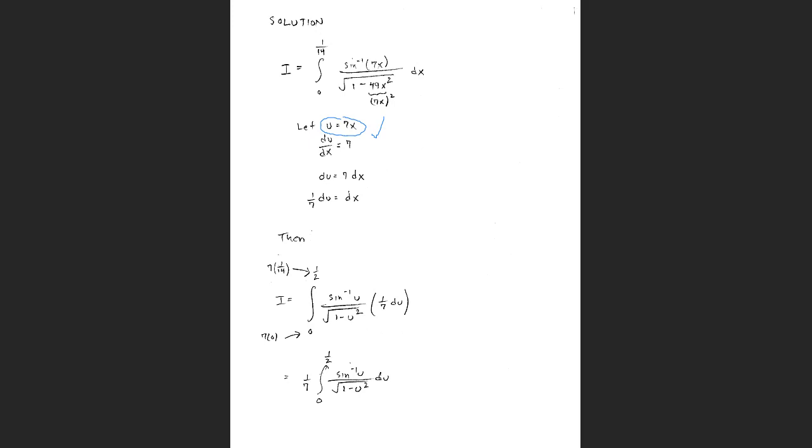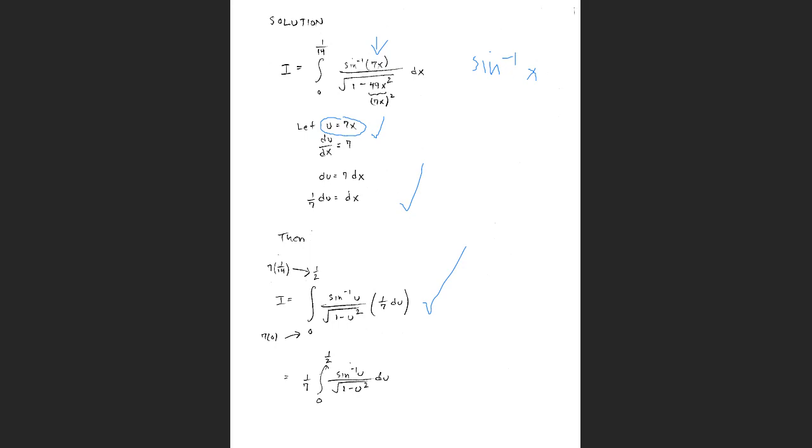So we end up then with this new integral. My reason for letting u equal 7x is I'm used to problems where I just have the arc sine of x. Arc sine of 7x makes me feel a little uncomfortable.